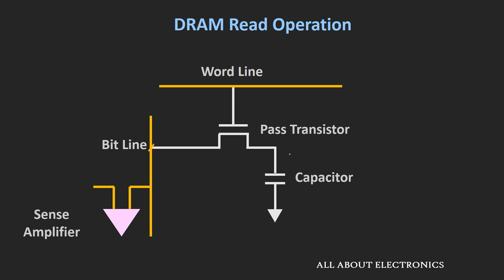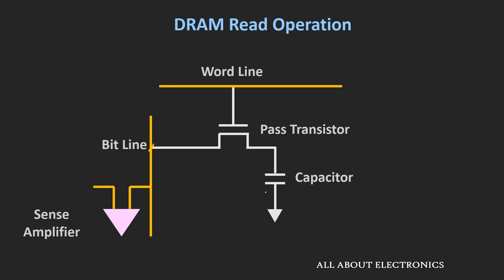In this read cycle, once the pass transistor is on, the charge across the capacitor becomes available at the bit line, so eventually the capacitor will lose its charge during the read operation. Such a read operation is known as a destructive read operation. To avoid that, we need to perform the refresh operation after every read cycle so that the capacitor can get its original charge.